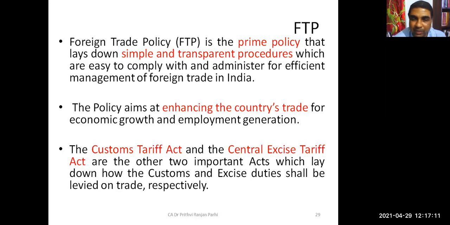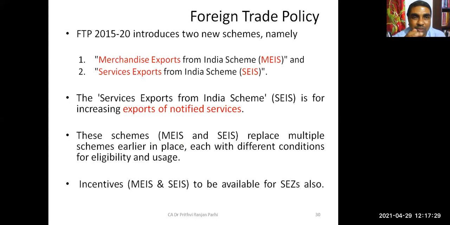GST is also important. GST is also paid on international trade and commerce. And this central excise tariff is applicable as of now on some limited products. So if you see our foreign trade policy, as I told you, it's a large policy.